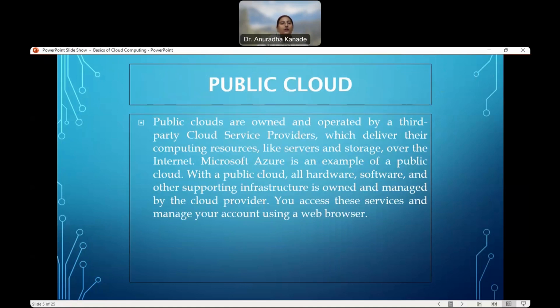So all these providers offer public facilities in terms of hardware, software, or any other application that users require. The resources and infrastructure are owned and managed by the cloud provider. So normal end users access these services without knowing the complexity of implementation.